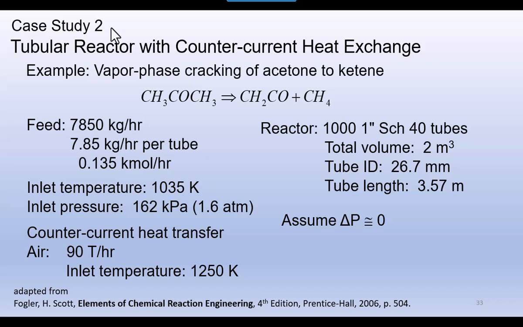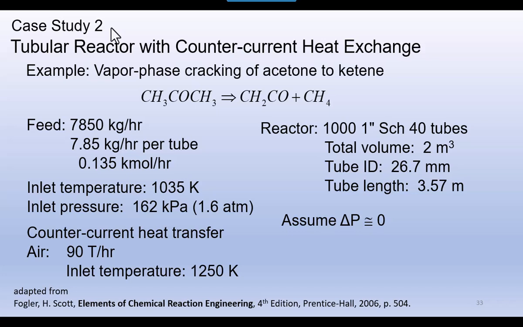And what that means is that the air obviously comes in at the exit of the reactor tubes, comes around the reactor tubes, and the air exits at the location where the feed of acetone comes in.